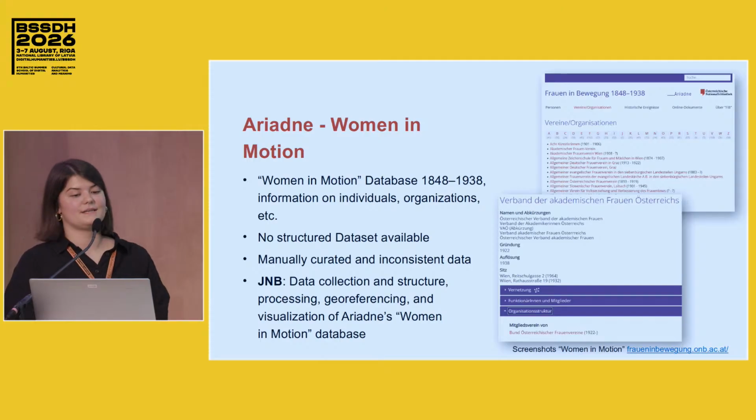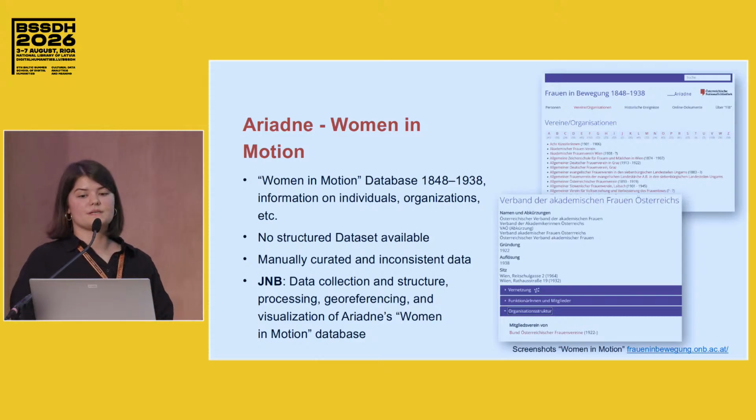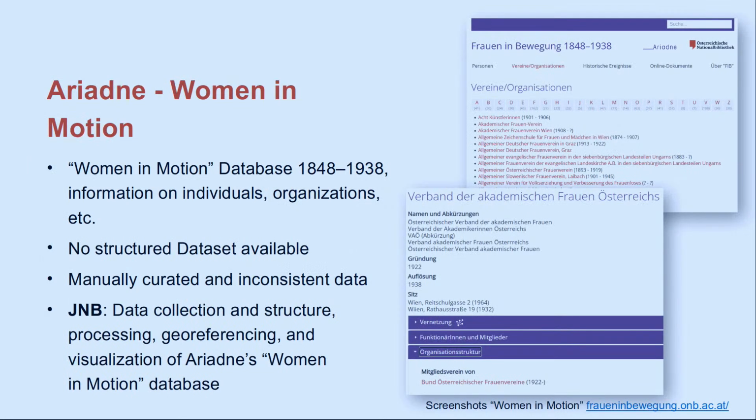One other project is about a special collection we have. It's Ariadne, and Ariadne is the women's and gender-specific documentation center at the National Library. It has existed since 1992, and they collect current research literature, document new acquisitions, and also make indices in the catalog which is already existing, and they give them feminist keywords.